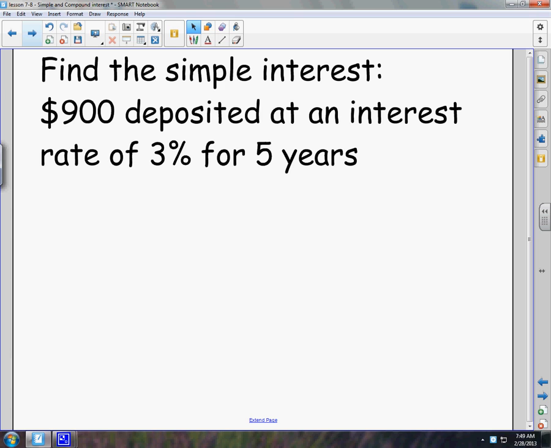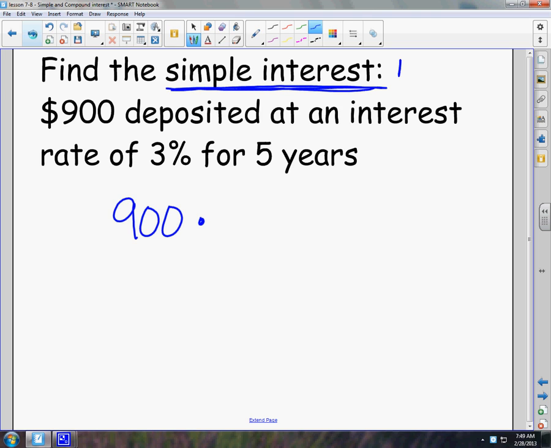Try this one. This is simple interest. All right, so I'm going to start with 900. I'm going to times it. I have to make sure I'm doing simple interest, so that's the key right there. $900 at 3%, so 0.03 for 5 years, times 5. So 900 times 0.03 times 5.